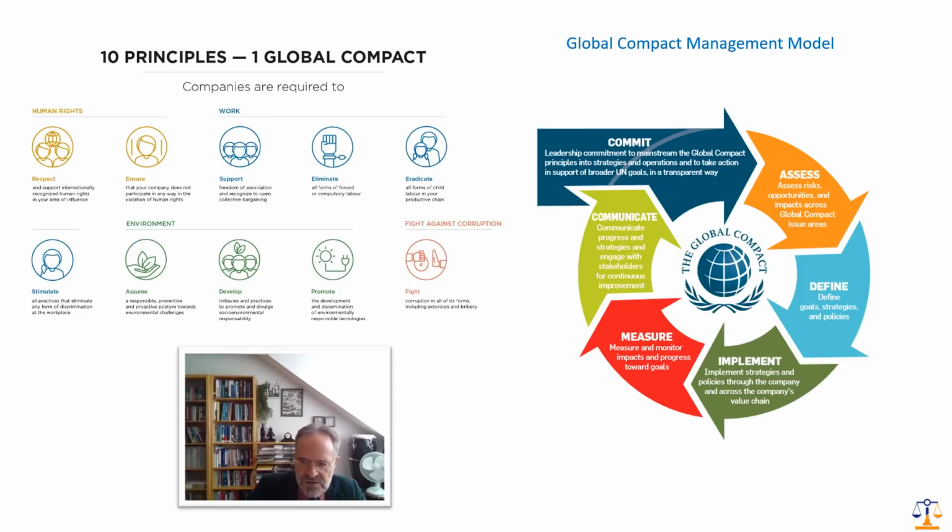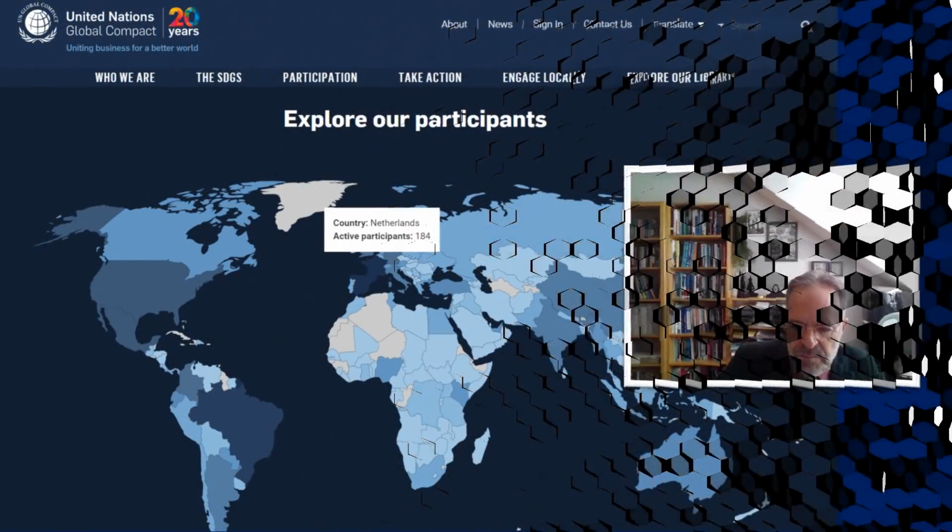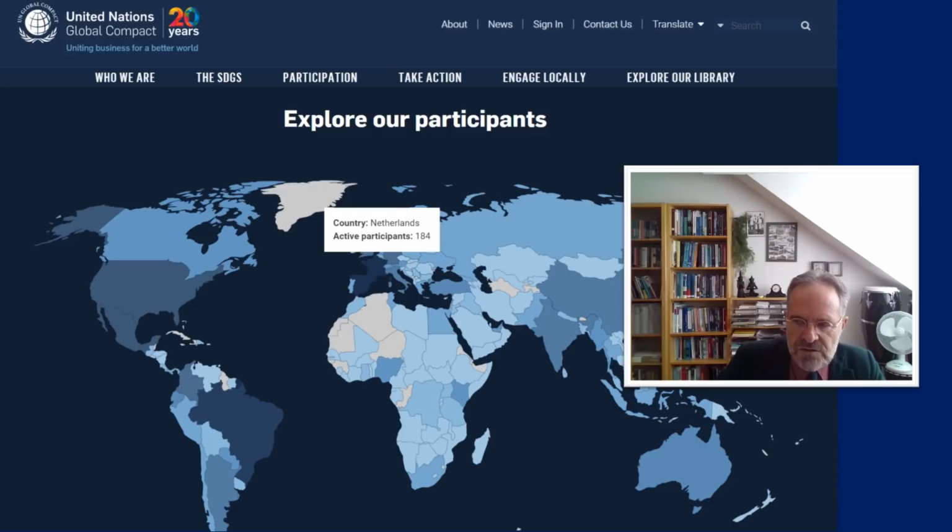Now, to illustrate to you how important soft law is, in the Netherlands we have 184 companies, they are the bigger multinational companies, who have declared their commitment to implementing the Global Compact.